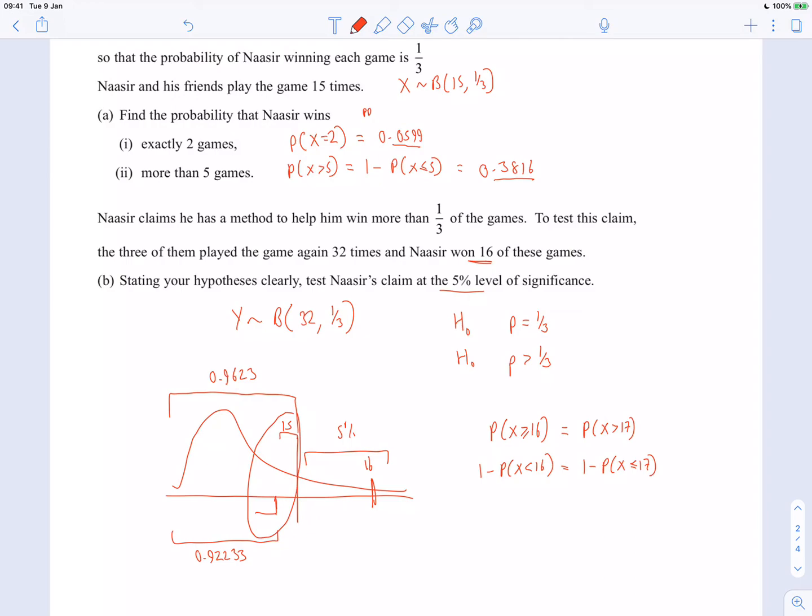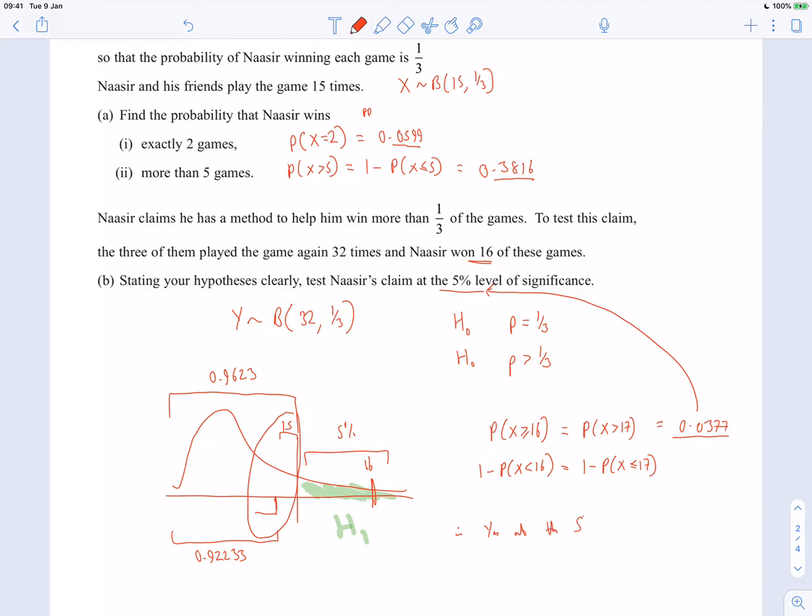And if I actually calculate where the 16 and above lies, then the probability that x is greater than or equal to 16 is 0.03765, to 4 decimal places 0.0377. This is clearly lower than the 5% level of significance. So you're actually in this H1 region. So stating your hypothesis clearly, testing the claim at the 5% significance level, the answer is yes.